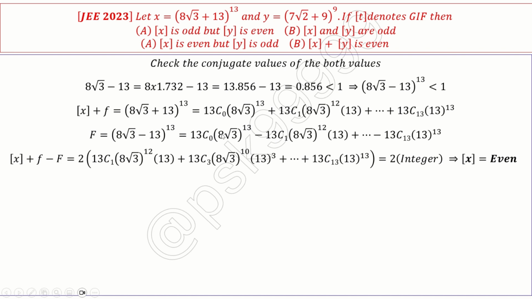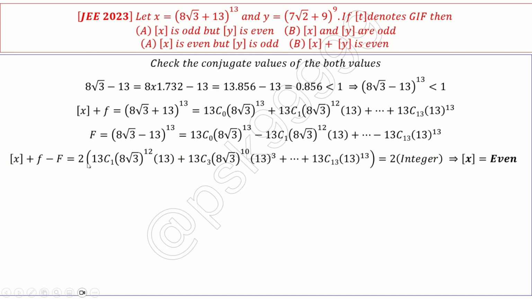So I'm left with 2 times [13c1 (8 square root of 3) to the power of 12 into 13, plus 13c3 because of alternate terms, this is 1, then 3, 13c3 (8 square root of 3) to the power of 10 into 13 cubed, up to 13c13, 13 to the power of 13].